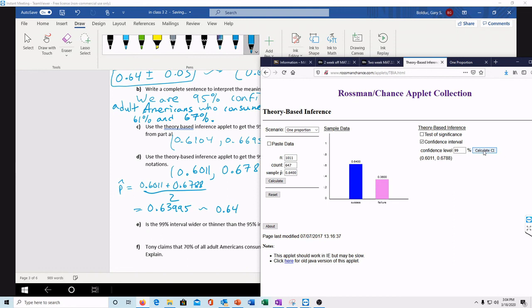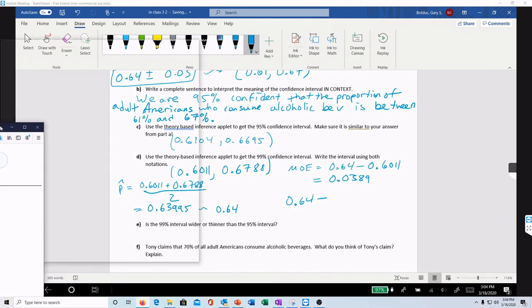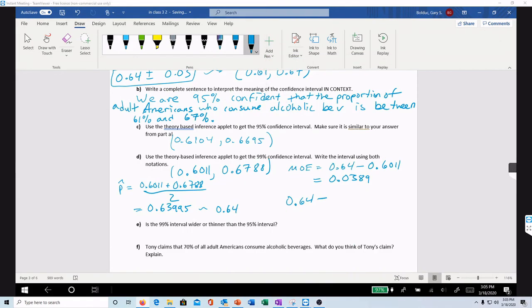So another way to rewrite this would be to write it as 0.64 plus or minus 0.0389. All right, boom. We got it.